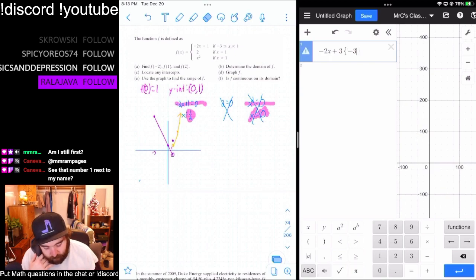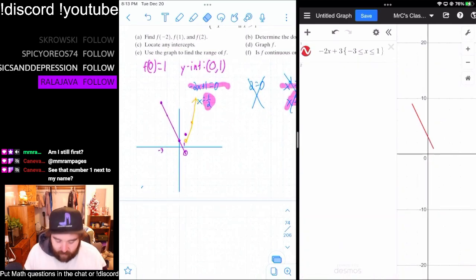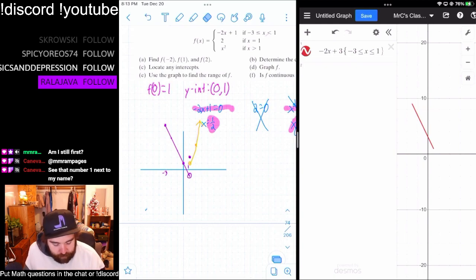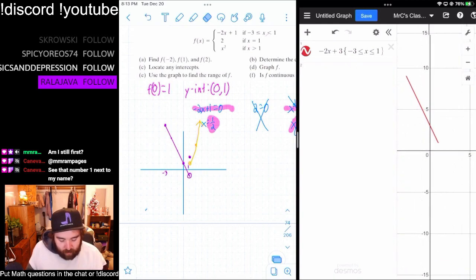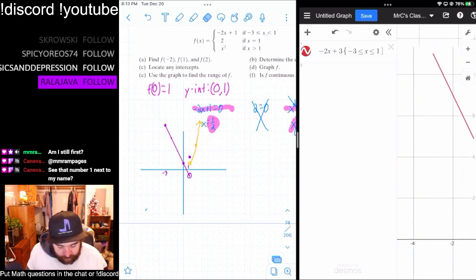So we say negative 3 is less than or equal to x, which is less than or equal to 1. And then it closes the curly bracket, and you see that's the segment of the line that we have. That's our purple segment there, as we're telling it we only want that graph in between those x values. You see there x equals 1, and here x equals 3.